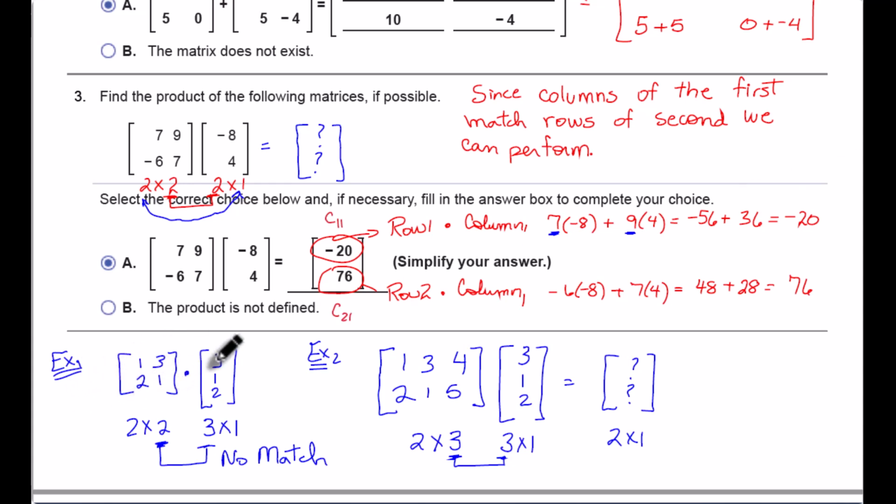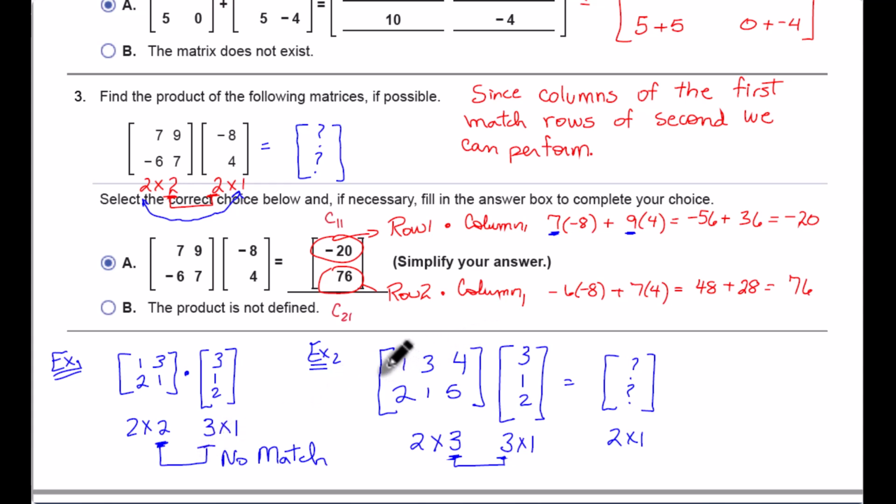This matrix has 1, 2, 3 rows, 1 column. I can't do the multiplication because the number of columns in the first does not match the number of rows in the second.